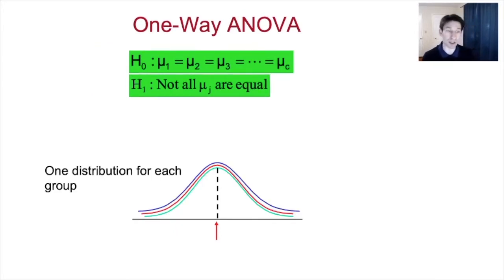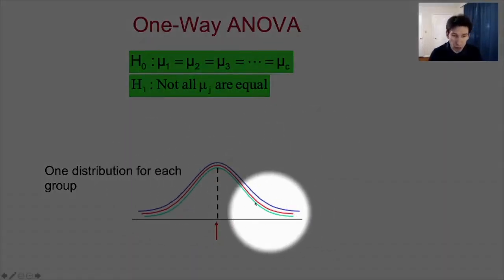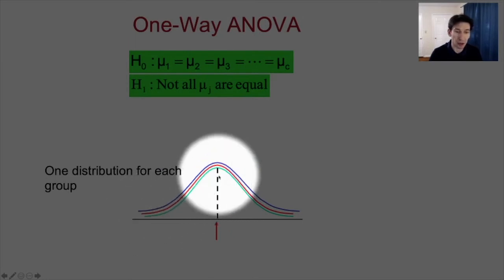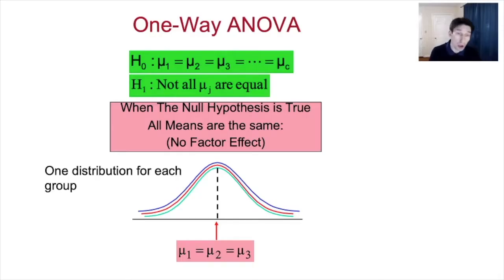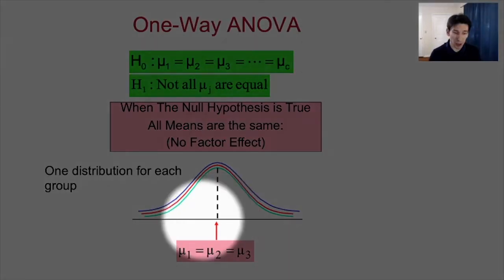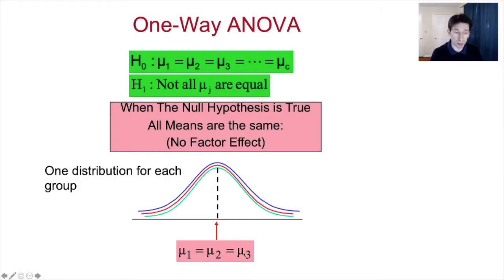So it means it looks something like this. No matter what group you're in, here we divide it into 3 groups, they all have the same mean. And so when the null hypothesis is true, it means that all the means are the same. There is no factor effect. So mu1 is equal to mu2 is equal to mu3 is equal to the original mu.